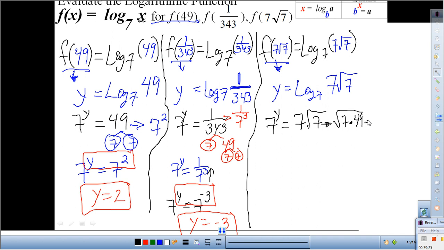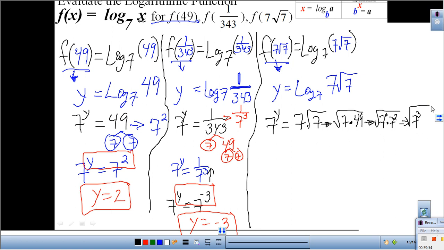However, they need to be the same base. So this is square root of 7 times what? 7 to the second power. And that means this is 7 to the first. So if we have the same base, we have square root of 7 to the third. However, 7 to the third we can rewrite.